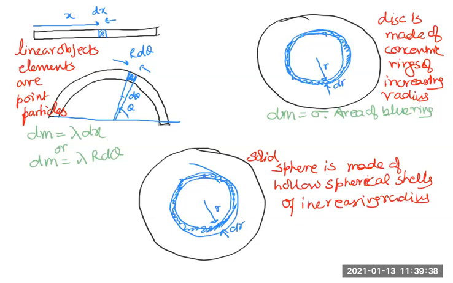Remember, in class 10th you studied the chapter on mensuration, finding areas. What these guys are saying is pi into (r plus dr) whole square minus pi into r square gives us the answer. That is absolutely correct.